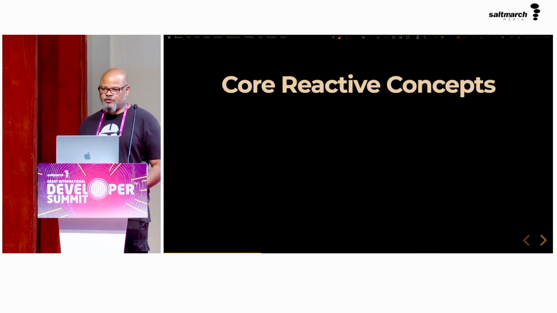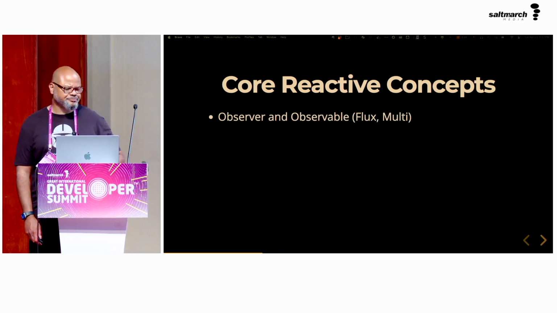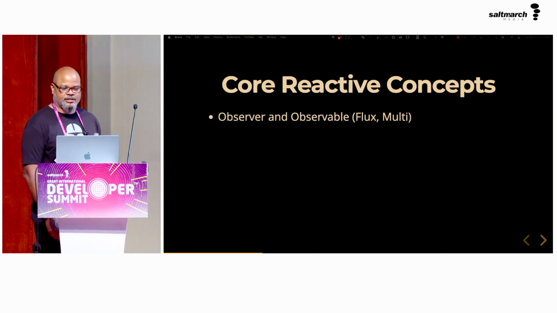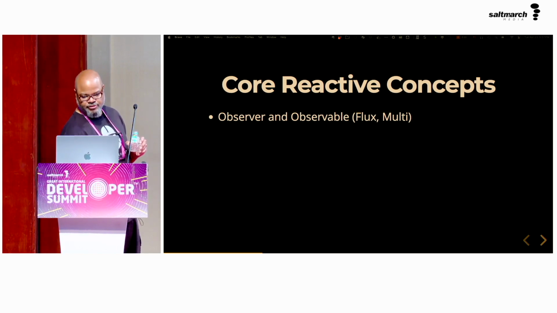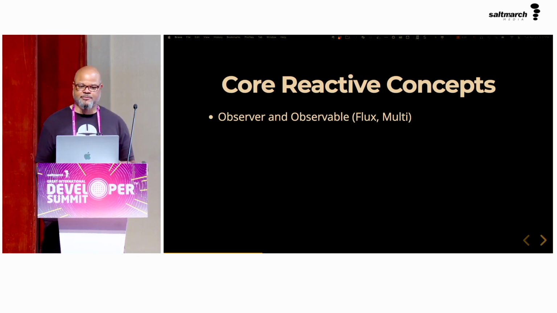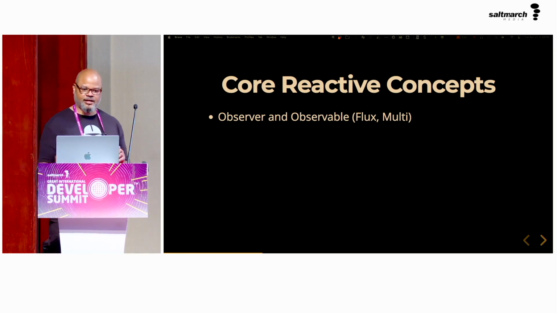Those of you who have done Reactive are familiar with these concepts, but for those who haven't, there are a few different concepts in all the Reactive APIs. There's observer and observable, which in Spring and Quarkus land are called Flux and Multi. An observer is something that observes events, and an observable is something that can be observed. So you send events, and an observer will observe them.